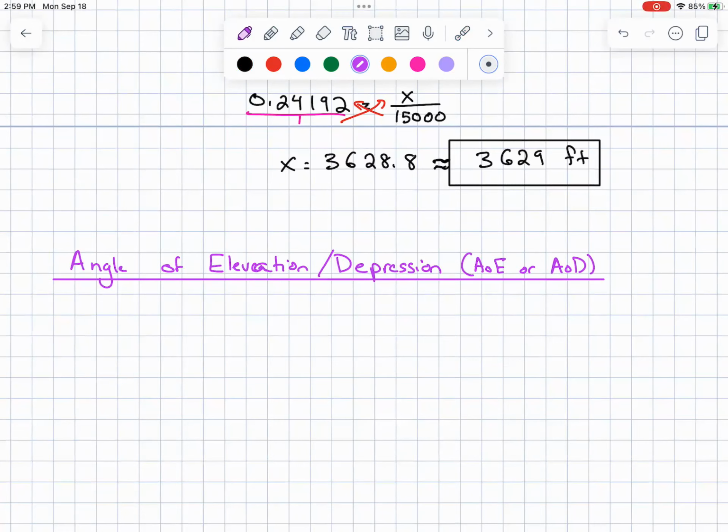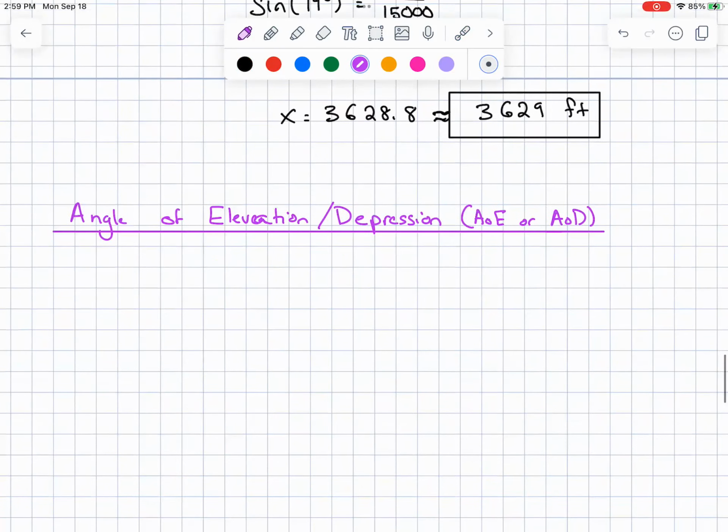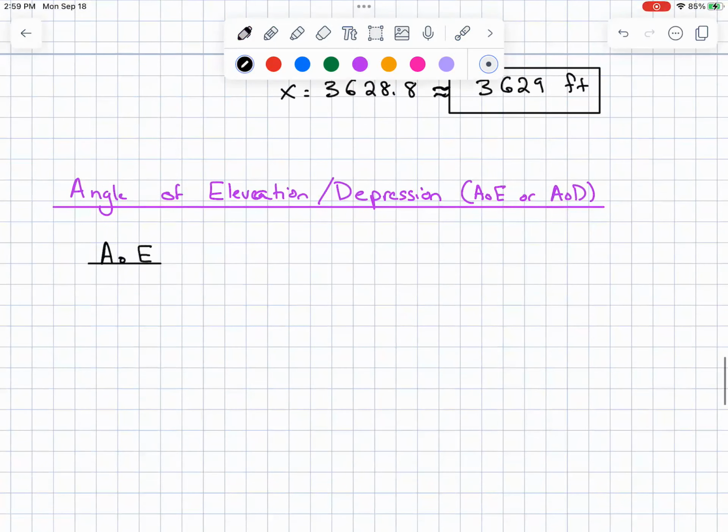But how do we define it? Because you'll see it in problems, let's say the angle of depression is this. What is the angle of depression? I've got a picture to showcase it. For the angle of elevation, the AOE, there's usually a person or a thing that is observing, the observer.